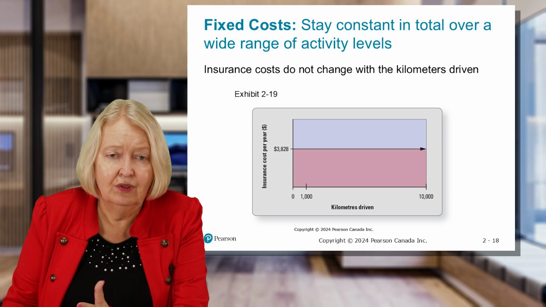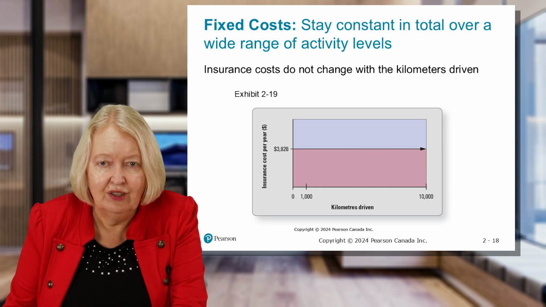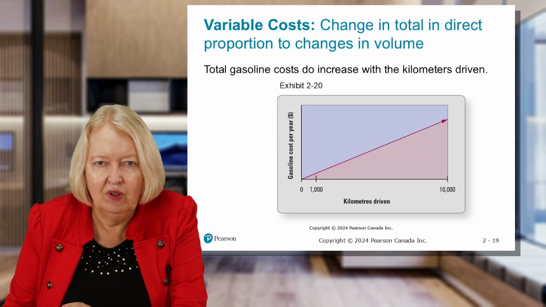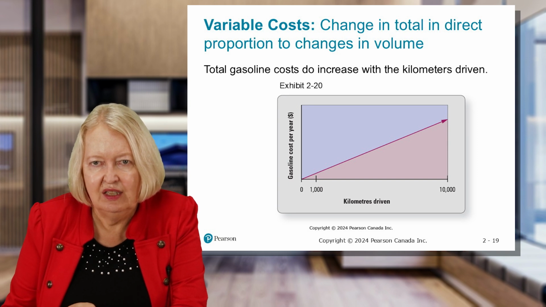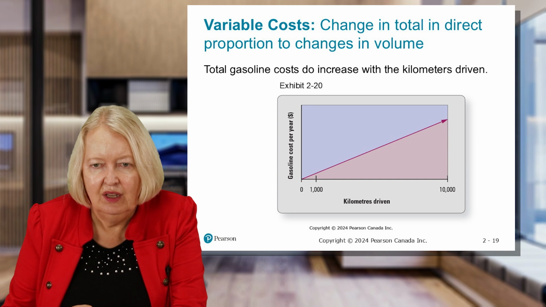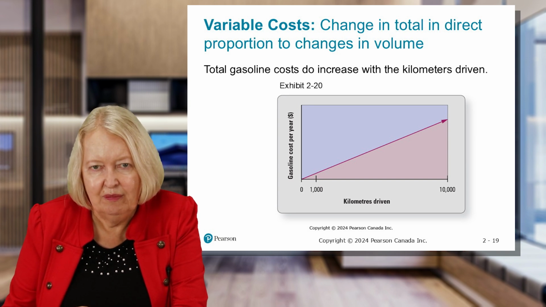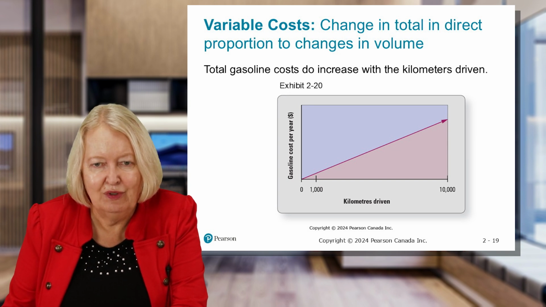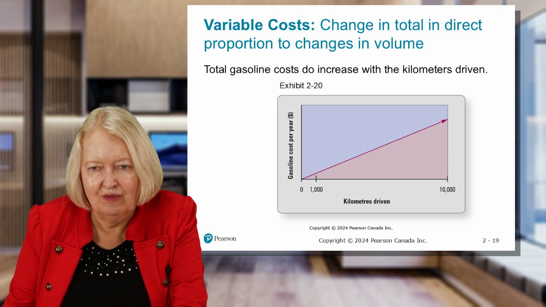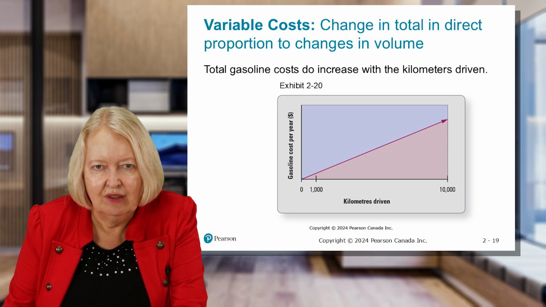It's going to be $1,300, $1,400 or more a year, regardless. But variable costs are costs that change in direct proportion to changes in volume. If you're looking at the total gasoline that you're paying for, obviously you're going to be spending less if you only drive 1,000 kilometers versus 10,000 kilometers. So that's a variable cost.